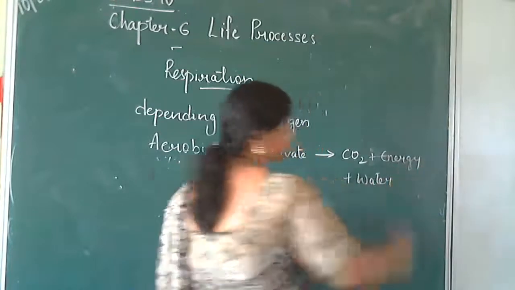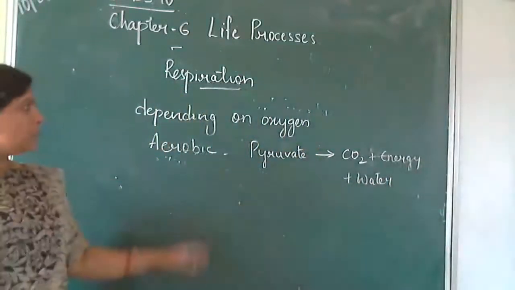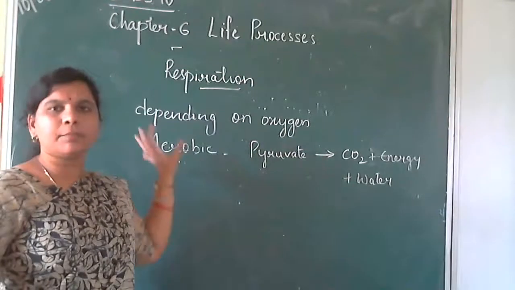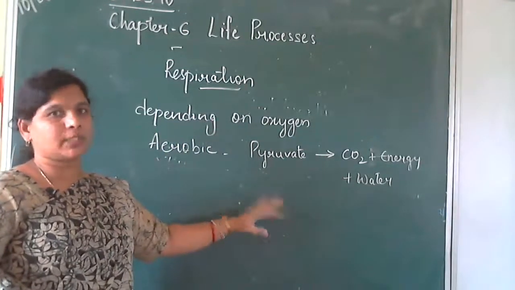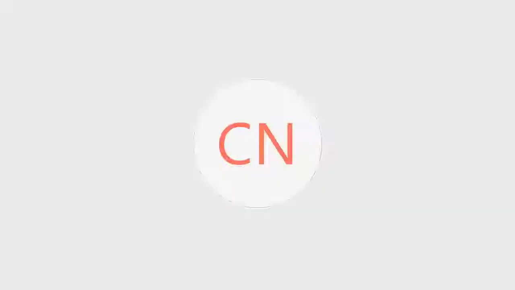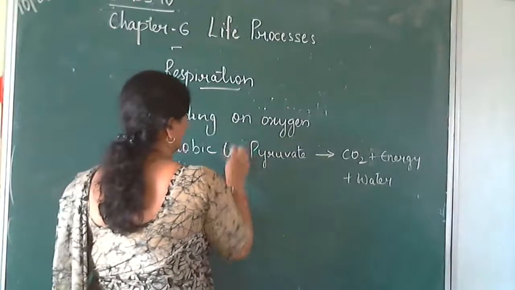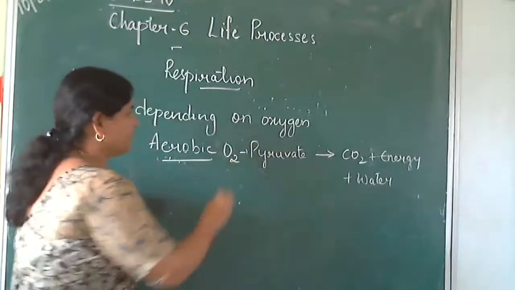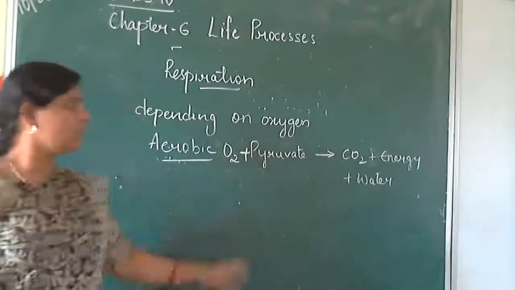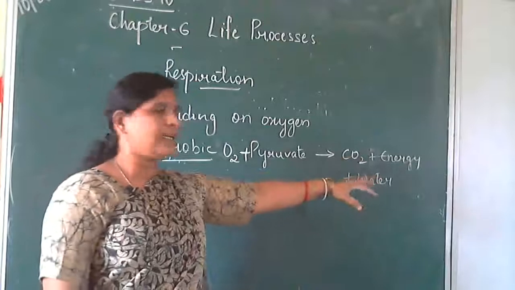Energy here is ATP. So glucose to pyruvate is the common step for all the modes of respiration. Pyruvate in the presence of oxygen gives carbon dioxide, energy and water.